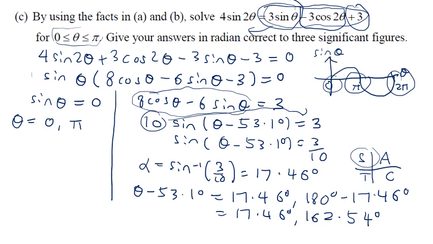And then lastly, to find theta, you have to add 53.1. So 17.46 plus 53.1, we got 70.56.